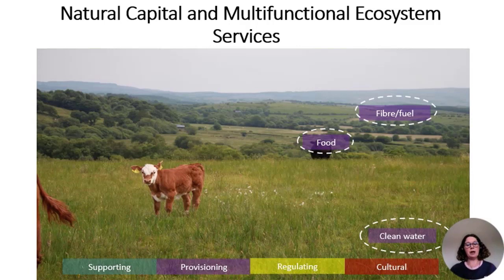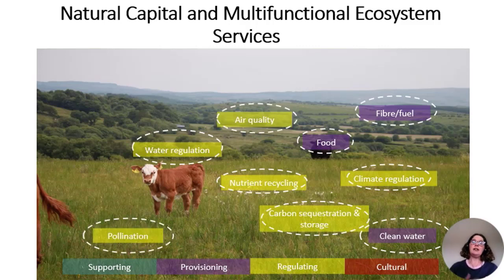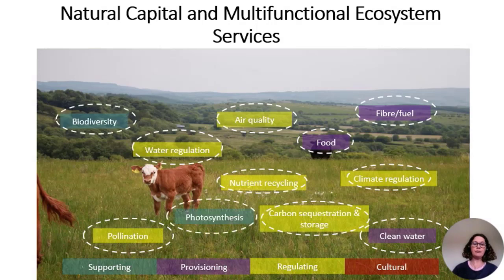First of all, I suppose from my perspective, from looking at clean water quality, but you're also looking at water regulation, nutrient cycling, carbon sequestration and storage, and climate regulation. And again, additional accessory regulatory functions will be improving air quality and pollination availability on the farm. And this leads then to a higher degree of biodiversity and obviously allowing for greater photosynthesis as all of those plants in riparian buffer zones, whether woody or grassy, grow over time.